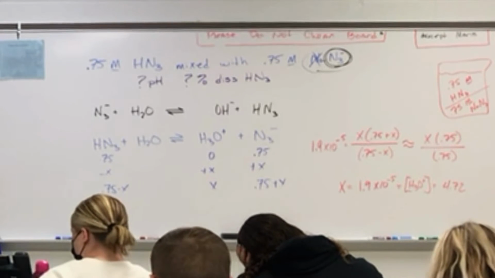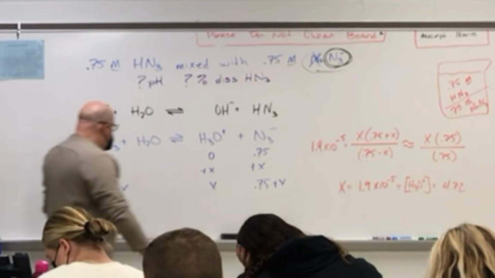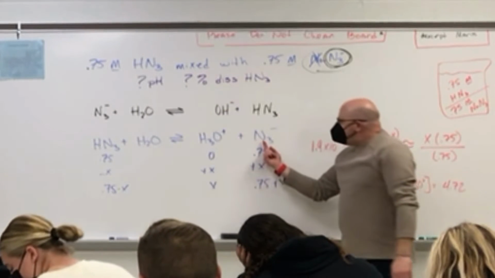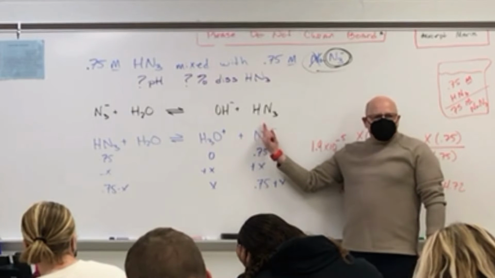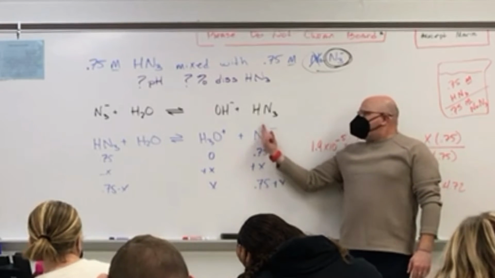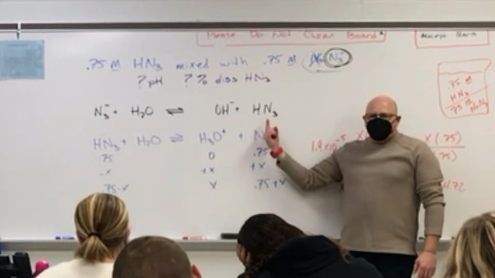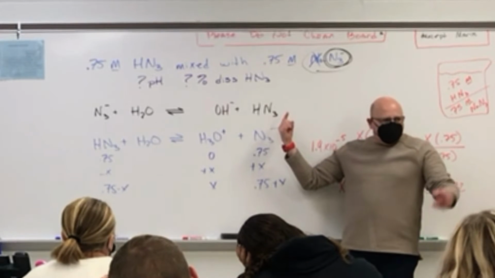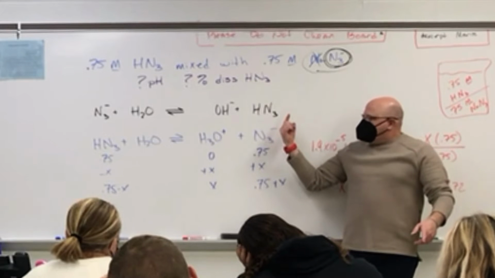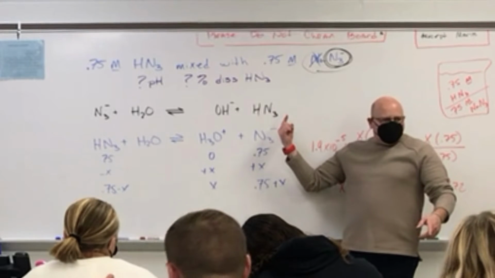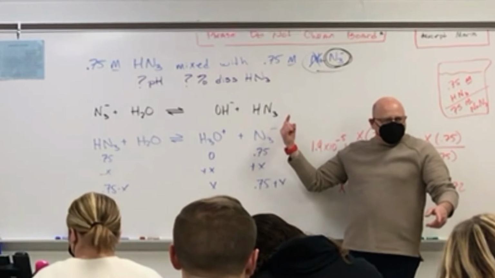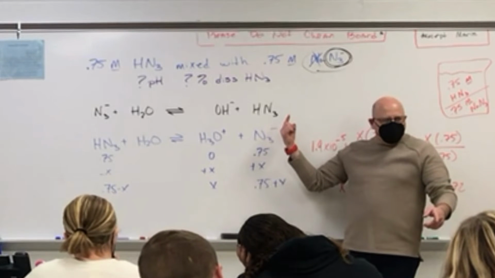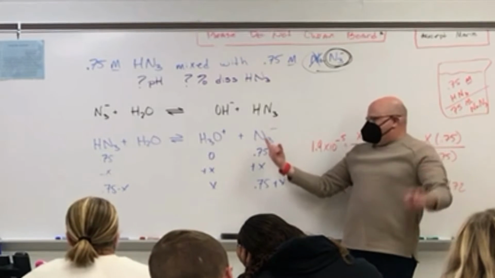There's another way of thinking about it. If I increase this amount, this azide, what's going to happen to the equilibrium? The equilibrium would not be equal anymore. You're right. Which way?